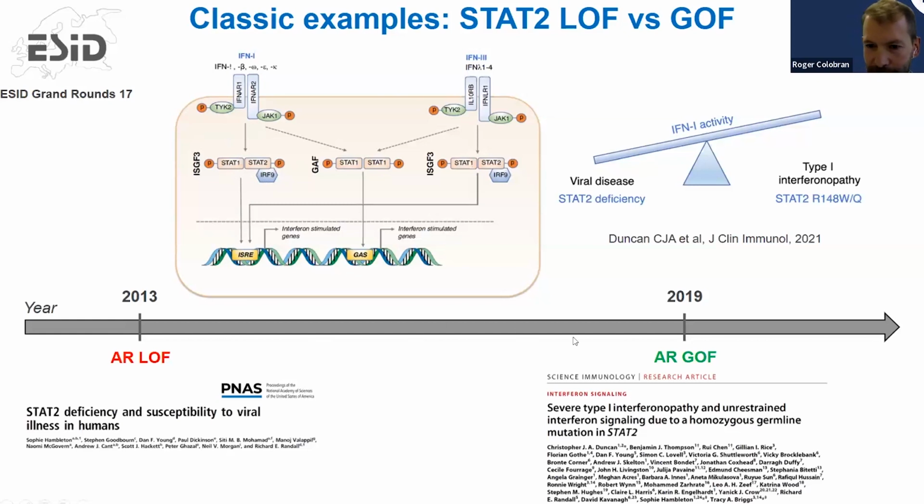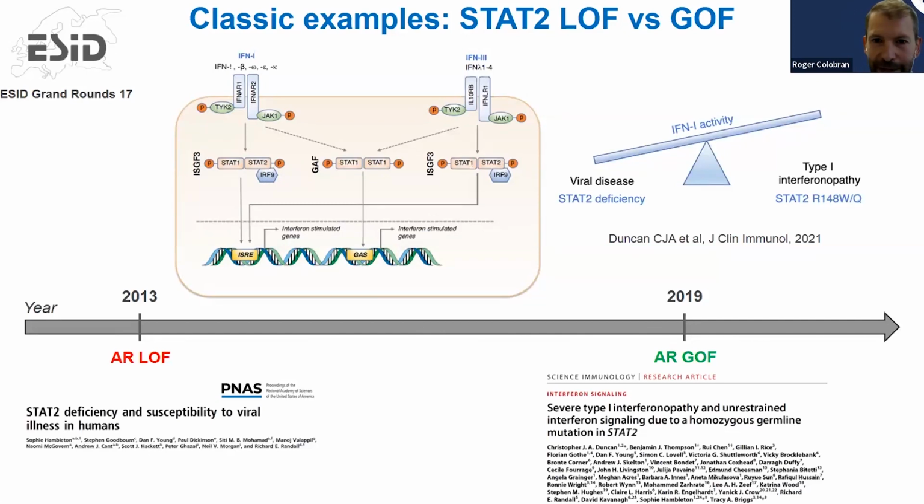Several years later, in 2019, it was described the phenotype corresponding to gain of function mutations, in this case autosomal recessive, and these gain of function mutations produce an excessive amount of type 1 interferons and lead to a severe type 1 interferonopathy. So, both sides of the coin.